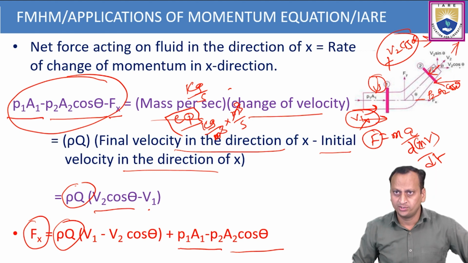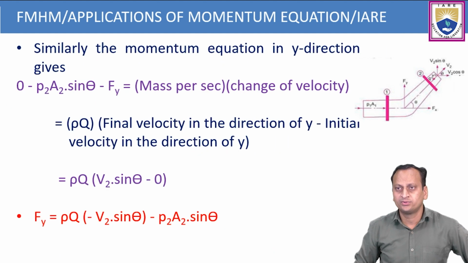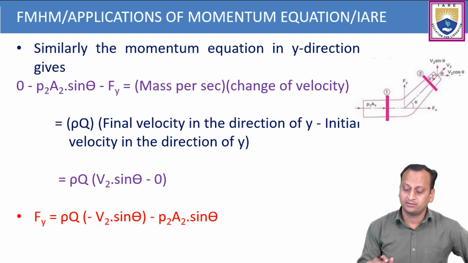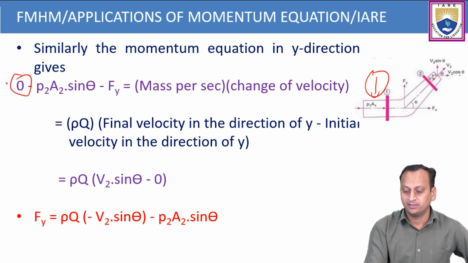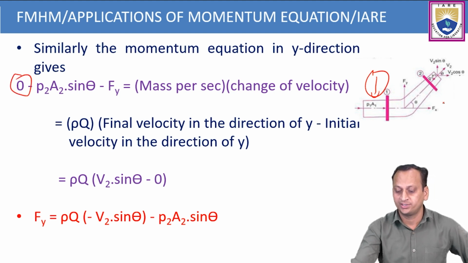Similarly, we have to calculate the net force acting in the y direction at both sections. In the y direction, at section 1 there is no vertical pressure force, therefore 0. At section 2, the pressure force is also negative, because it acts downward.